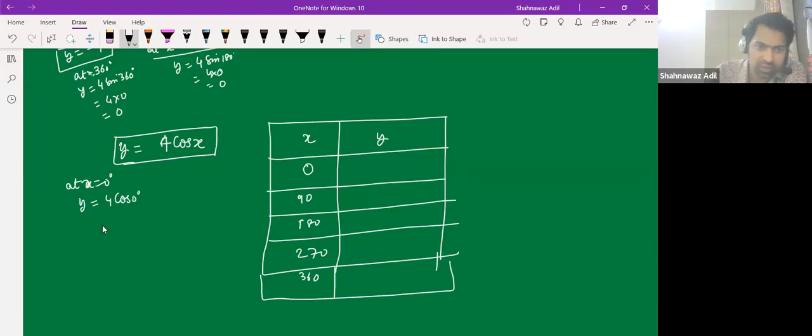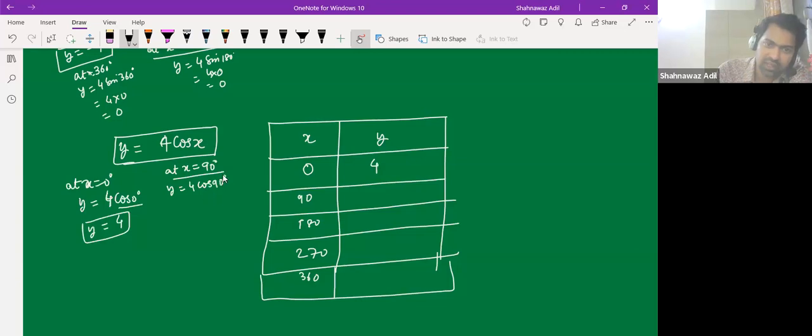Cos 0 is how much? Cos 0 is 1. So this is 4. And at x equals 90, y is 4 cos 90.